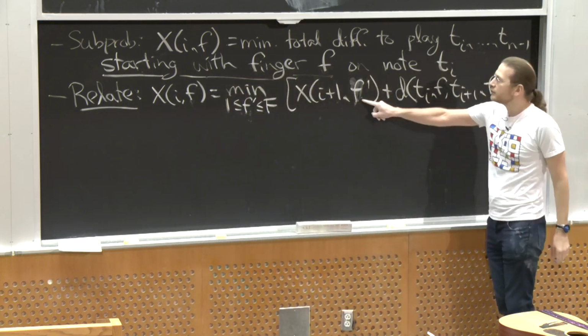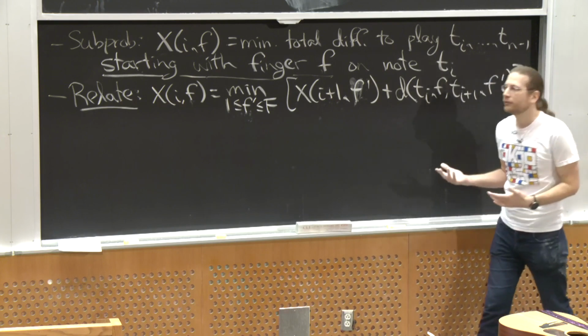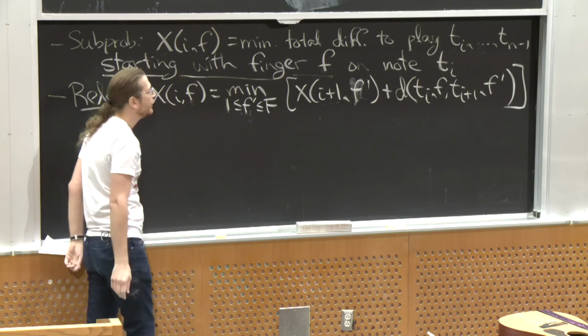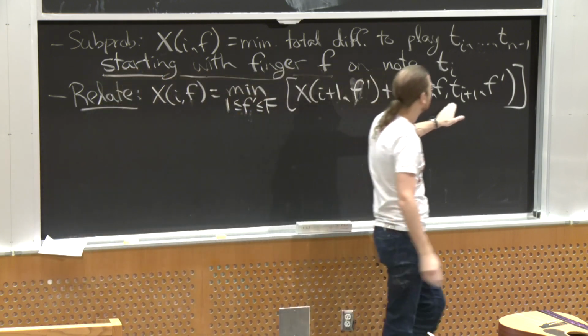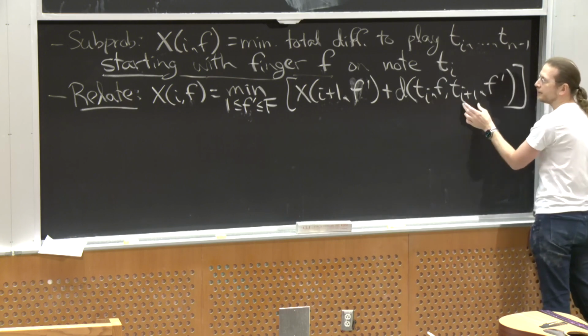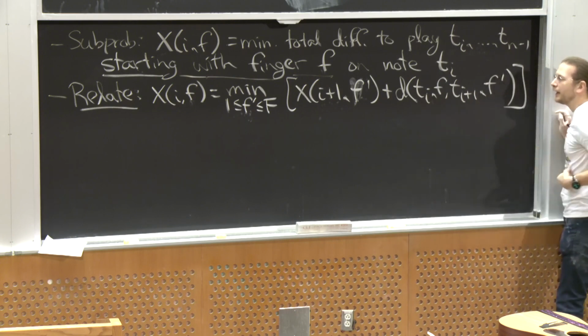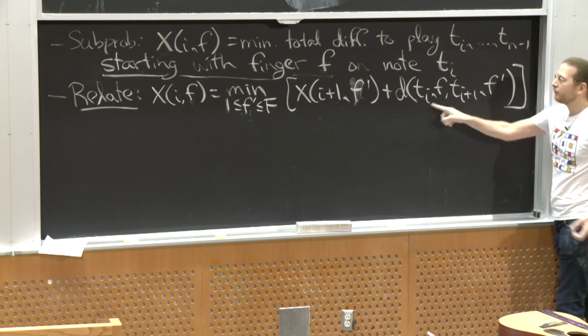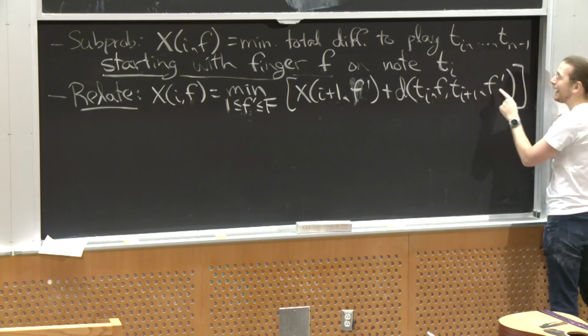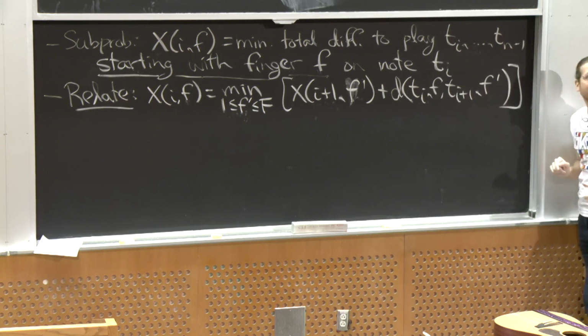Now, why did we need to know what these fingers were? Why not just guess what the first finger is? Well, it has to do with this difficulty function. For this difficulty function, I know that I want to measure the difficulty from t_i to t_i plus 1. And to do that, because this function is parameterized by 4 things, I need to know both the finger for t_i and at the same time the finger for t_i plus 1.